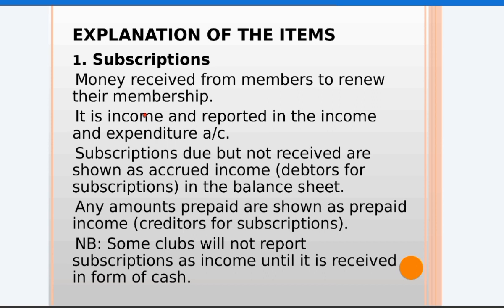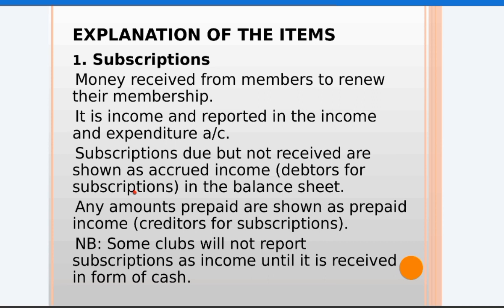Now, sometimes you'll find that we have members who may not have paid subscription for a particular year. So any such subscriptions that have not been paid for a particular year, and of course they are supposed to be received, are called debtors for subscriptions.